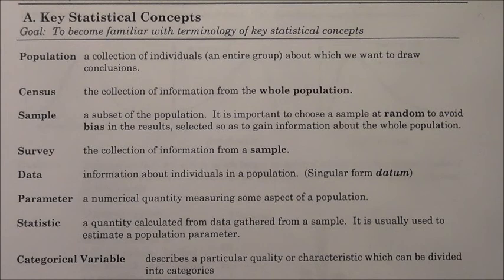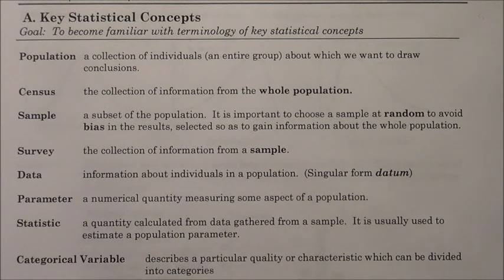So what we would do is randomly, and that's the most important thing, randomly choose certain individuals of the whole population and then use that sample, that smaller group, the subset, in order to find information and then draw predictions about the whole population from that sample. A survey is a collection of the information from a sample.